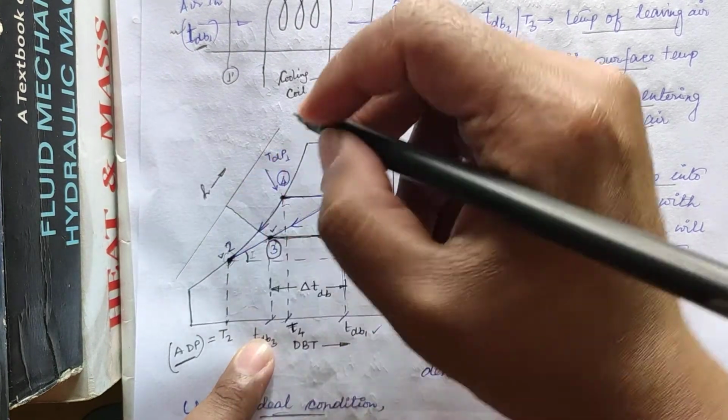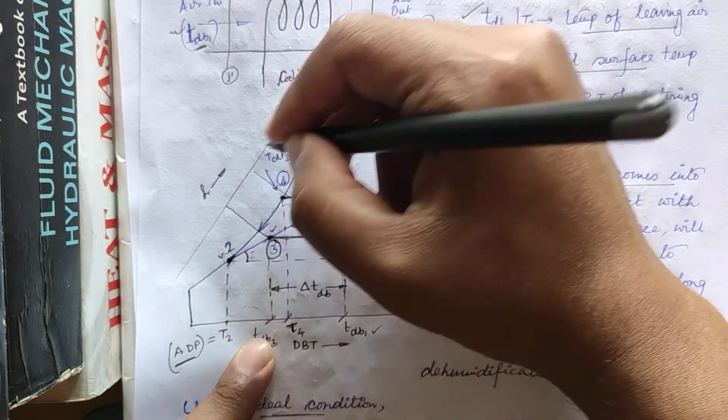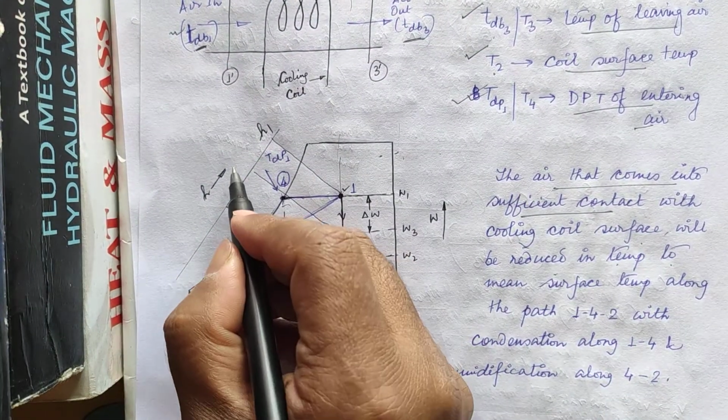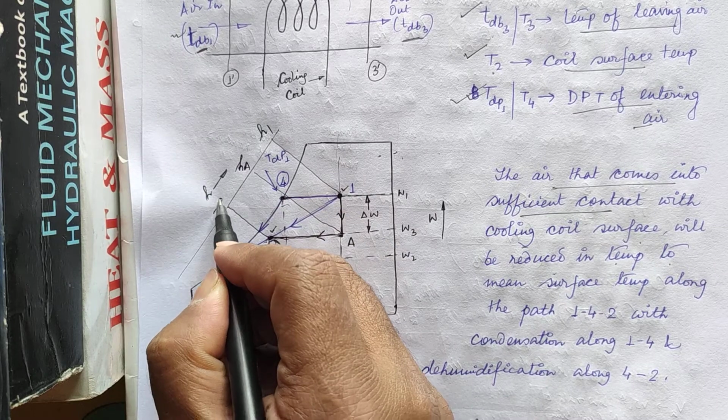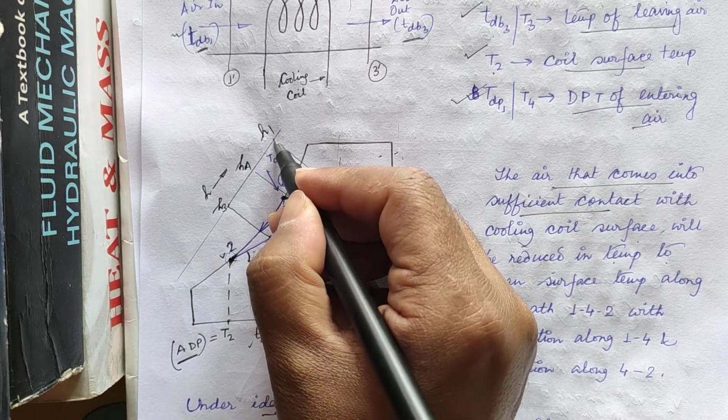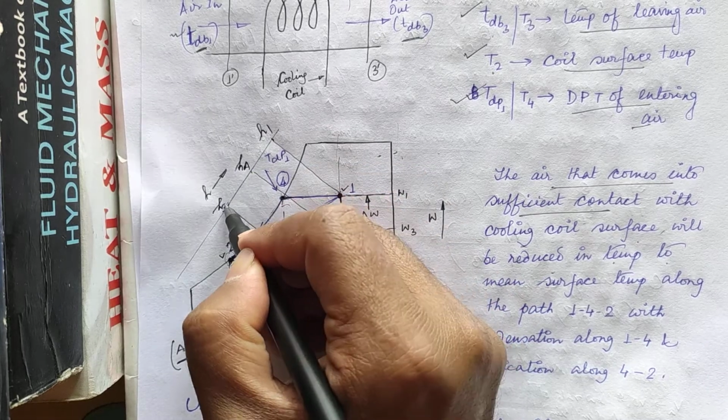If we look at this point, H3, HA, H1, so this is H1, this is your HA, H3. So we have to go from 1 to A, then A to 3.